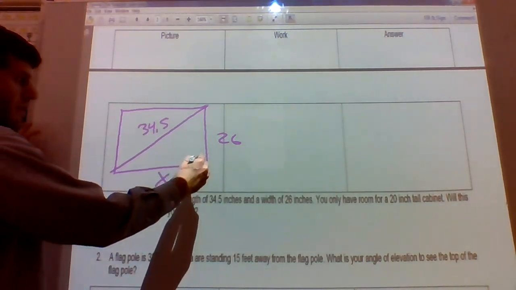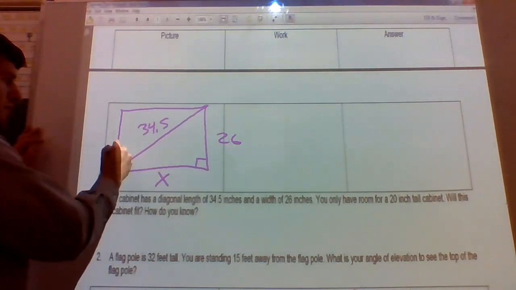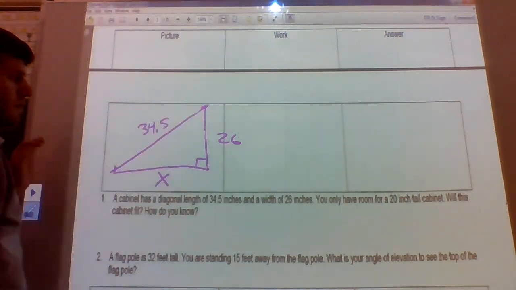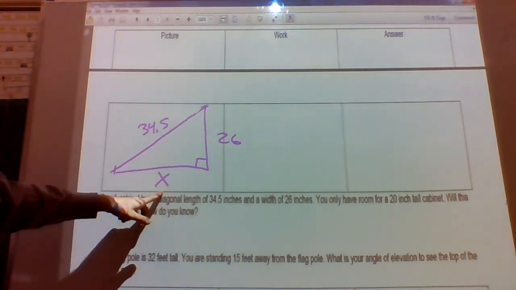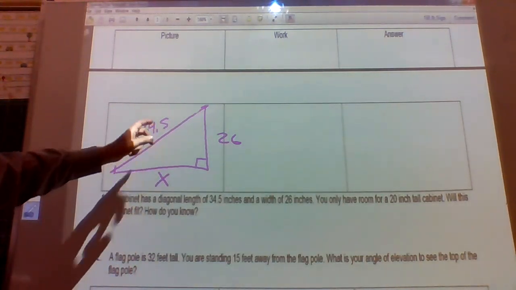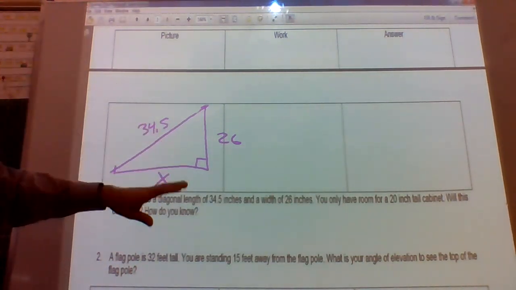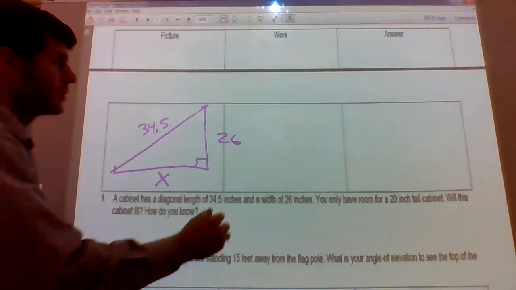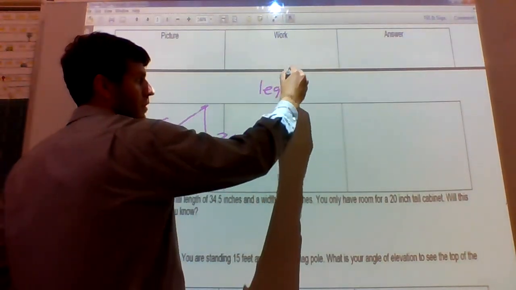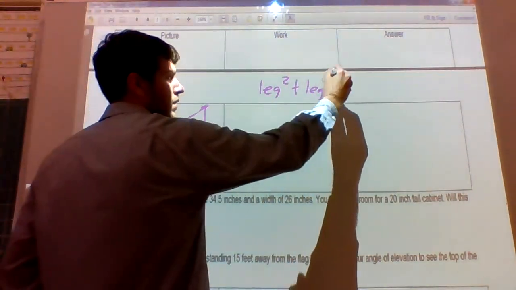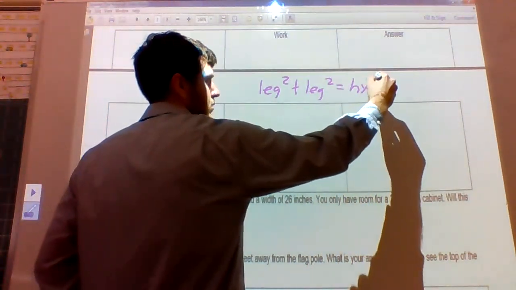So here's our cabinet. So we have our triangle. Okay, Pythagorean: we have two sides of a right triangle and we're trying to find the third side. So that's going to be the Pythagorean theorem. Leg squared plus leg squared equals hypotenuse squared.